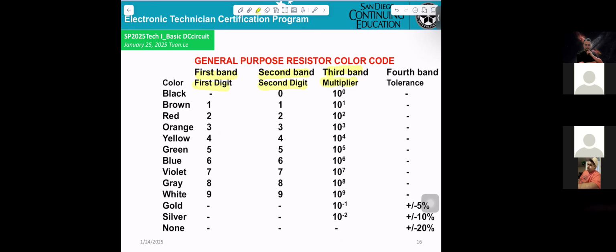But for the technician, if you get an interview, I give you a resistor. I ask you, can you tell me the value? How can we answer? Multimeter? Who's telling me? You know, I've been an engineer working for too many years. I interview a lot of technicians. If I ask you, okay, tell me what the value of the resistor is, how can we answer?